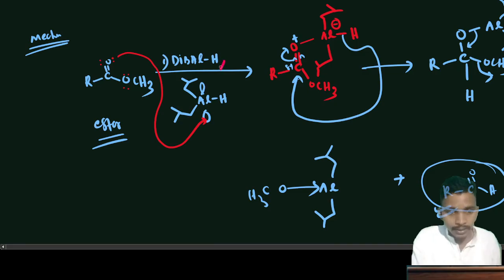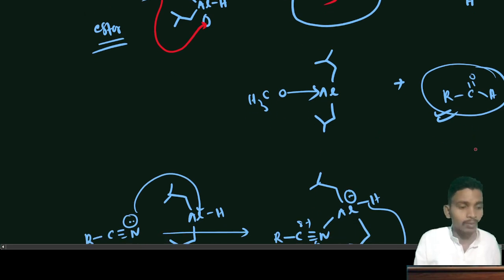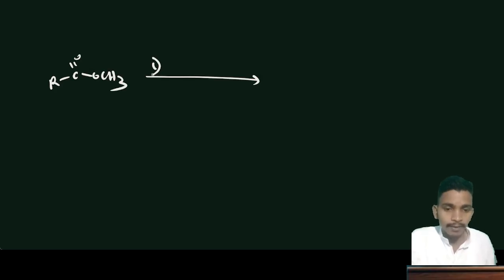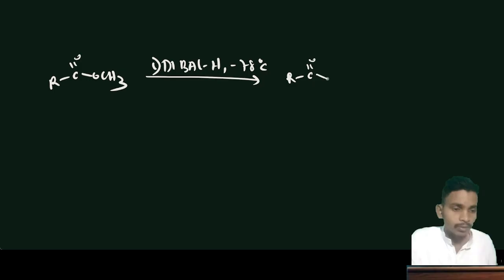For this case, the temperature should be minus 70 degrees centigrade. Then only we get the aldehyde groups. Otherwise, it will be further reduced to alcohol groups. So the important thing is that if you have ester groups RCO OCH3, and you are giving DIBAL-H, and the temperature is minus 70 degrees centigrade, then we will get aldehyde groups.